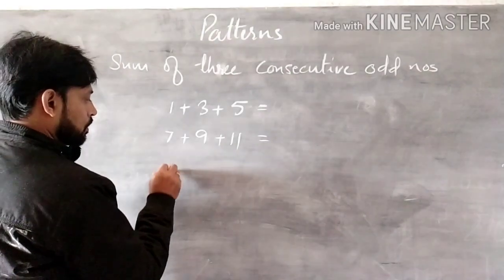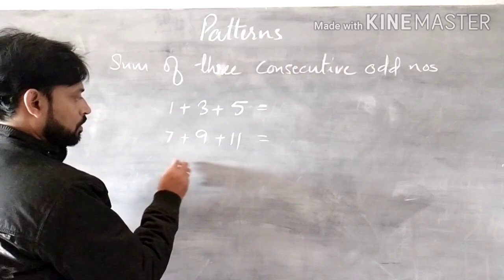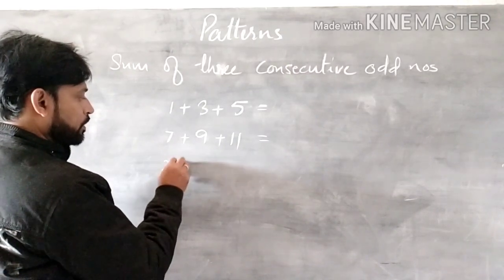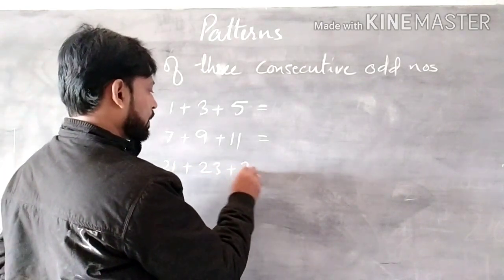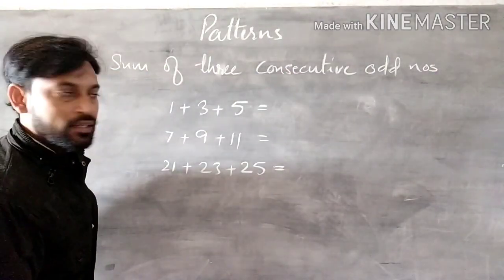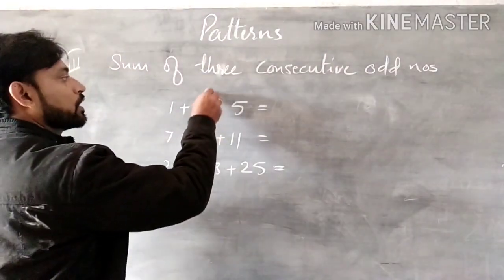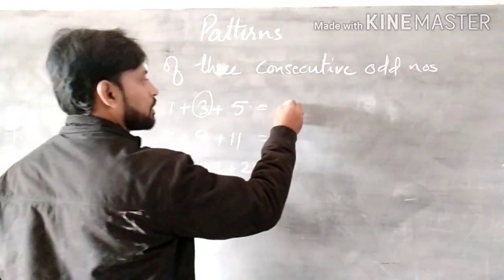Now you can also take 21, 23, 25. These are consecutive odd numbers. Is that clear? So what you have to do, just find out the middle number and multiply it by 3. So 3 3s are 9.